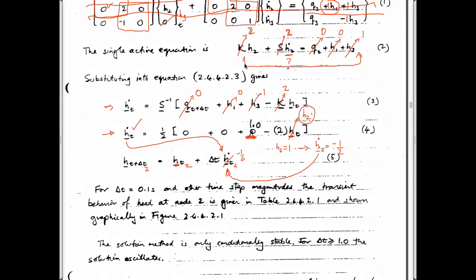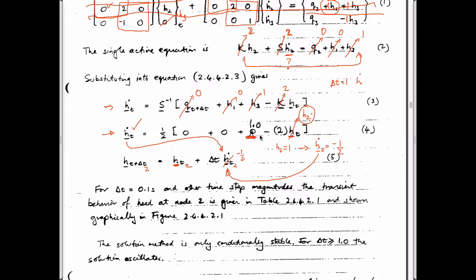So delta t is equal to 1. What's the rate of change of head going to be equal to? This is still 1. This is minus 2. Does anything change? I guess not, right?